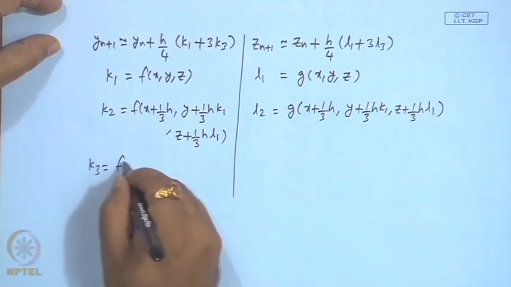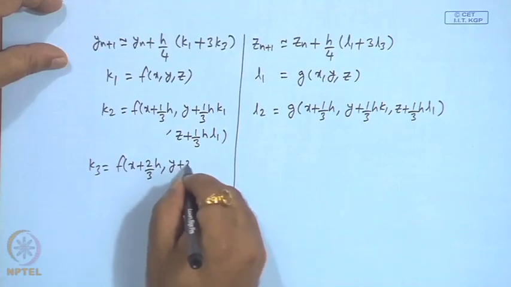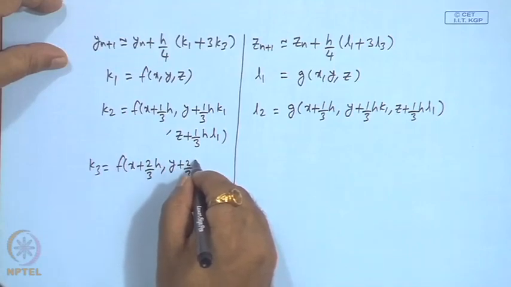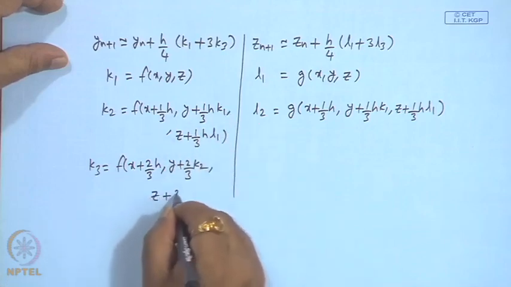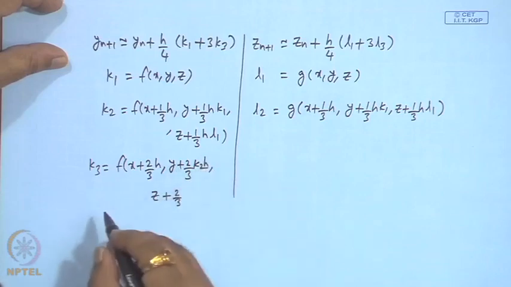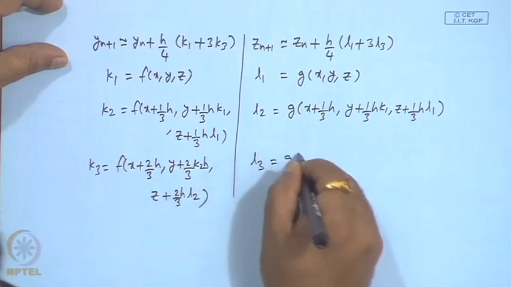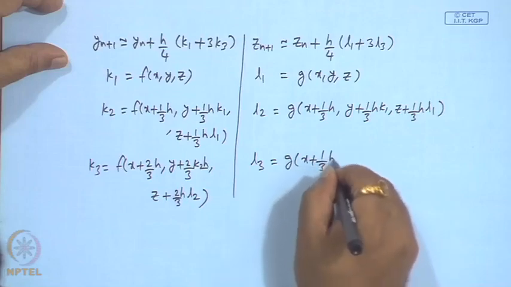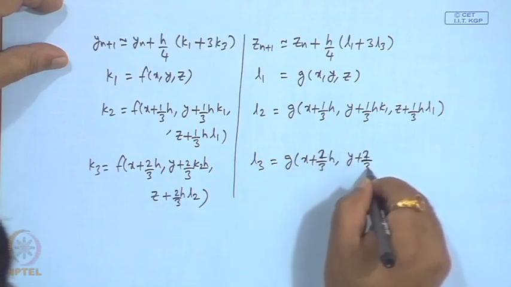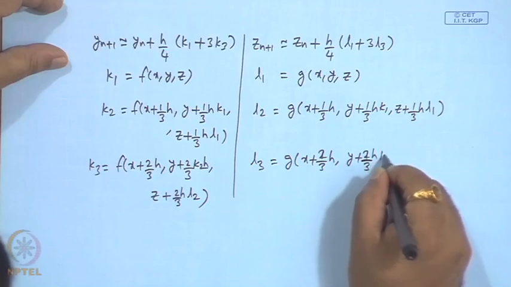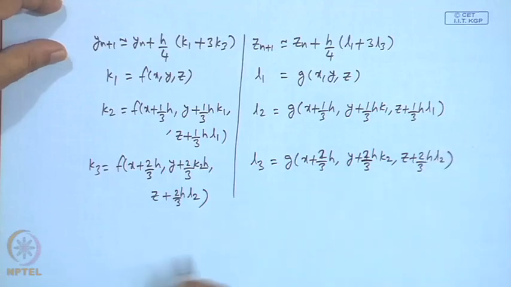Similarly, k 3 is f of x plus 2 by 3 h, y plus 2 by 3 h k 2 and z plus 2 by 3 h L 2, and L 3 is g of x plus 2 by 3 h, y plus 2 by 3 h k 2, z plus 2 by 3 h L 2.